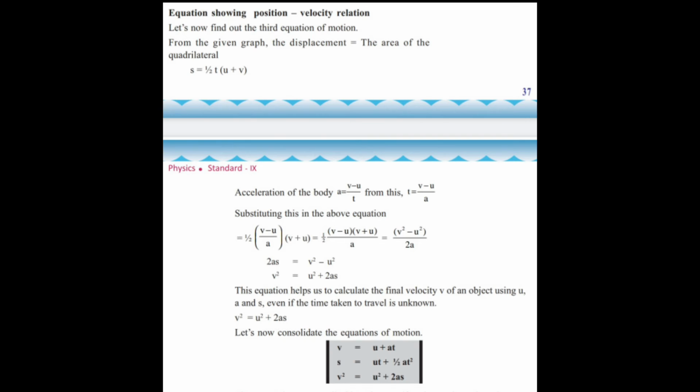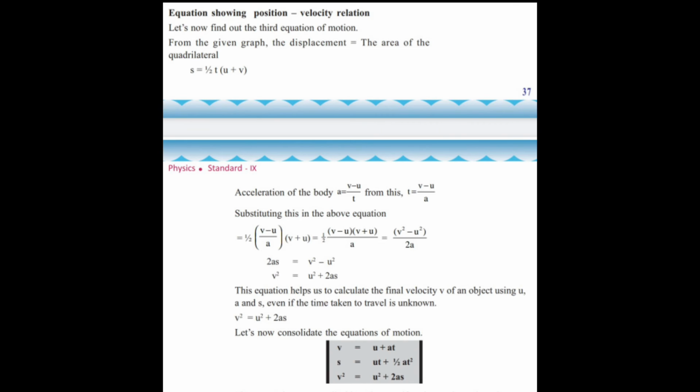Because we have another formula in mathematics, (a minus b) into (a plus b) is equal to a square minus b square. In the same way, (v minus u) into (v plus u) is v square minus u square. So we can write S is equal to (v square minus u square) by 2a.